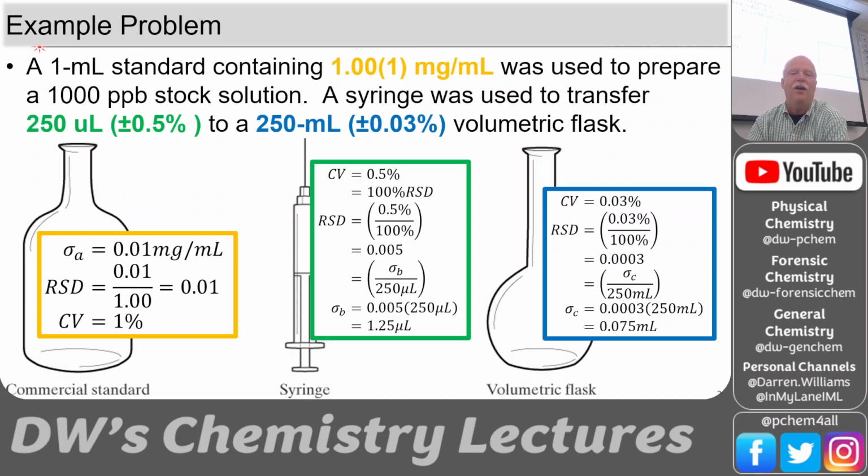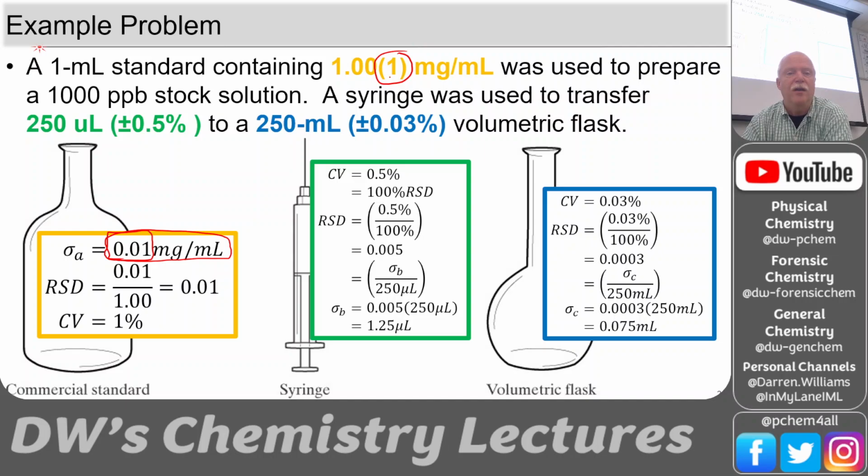Now look how I've got all these different things here. I've got this parenthesis. Does everybody know how to use this or how to read that? That's telling me my uncertainty. So we're going to call this first number A, and so look at our uncertainty. It's given as 0.01 milligrams per milliliter. Where did that 0.01 come from?